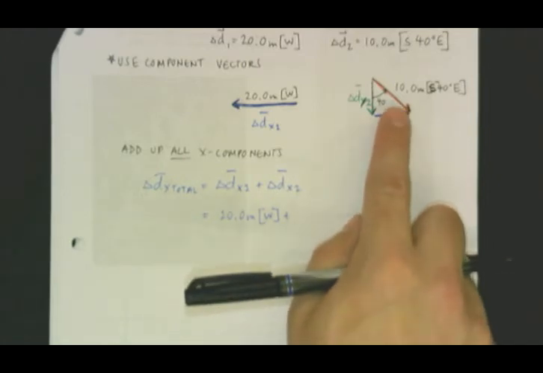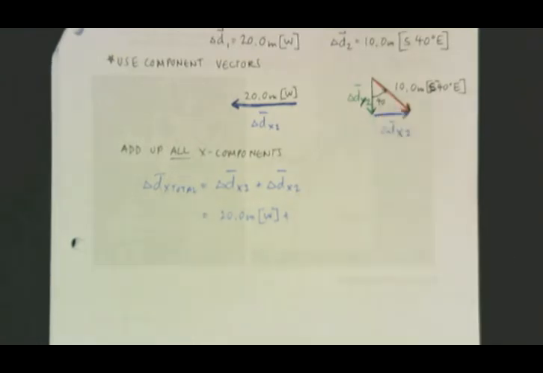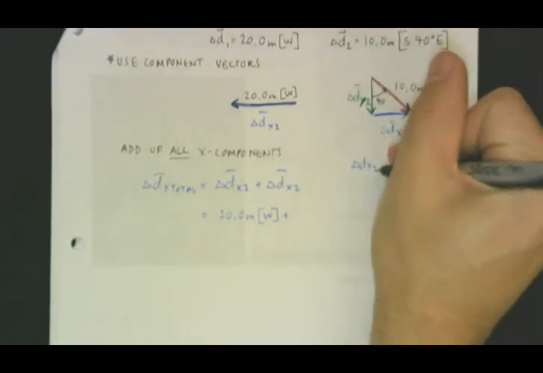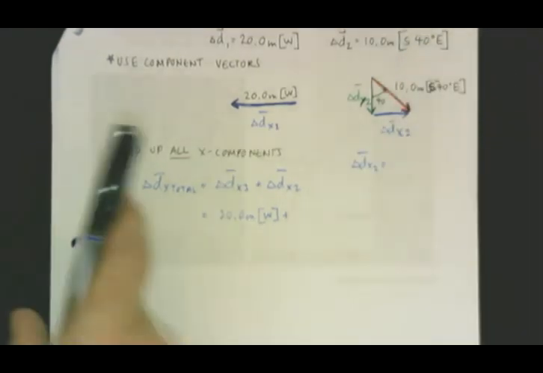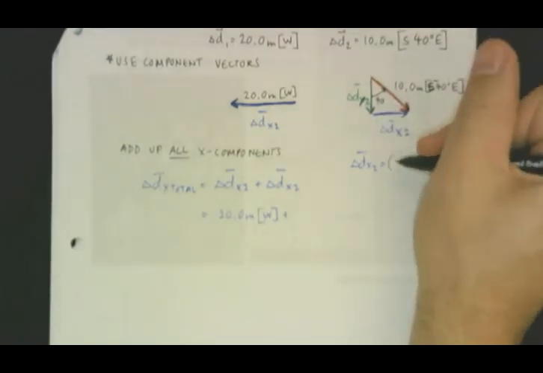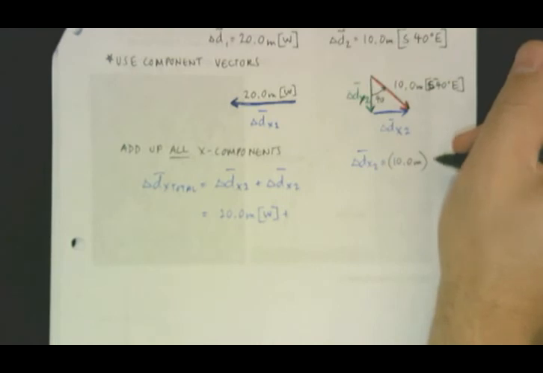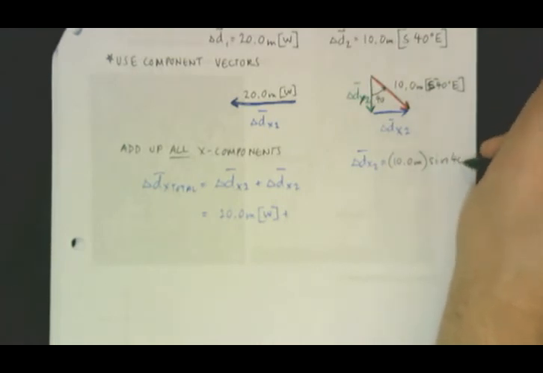And if I know the hypotenuse is 10, I can say this statement. Now stop and watch me write this. I can say that delta dx2 is equal to 10.0 meters times the sine of 40 degrees.